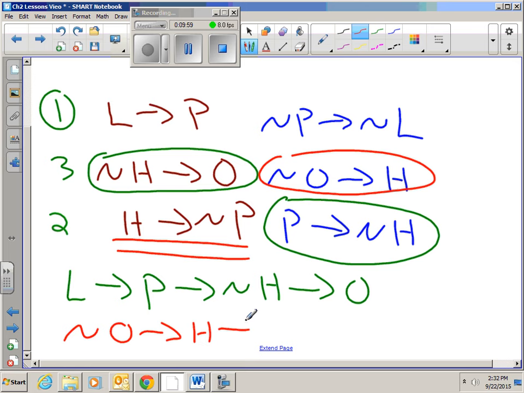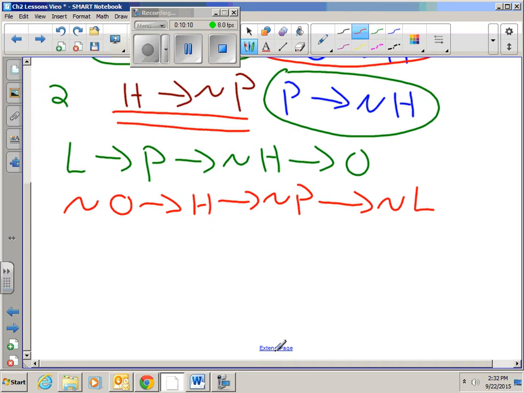H, then not P. And lastly, I'm going to go not P to not L. I can summarize that by saying if not O, then not L. So if a cat doesn't live outside, then it's not a lion.